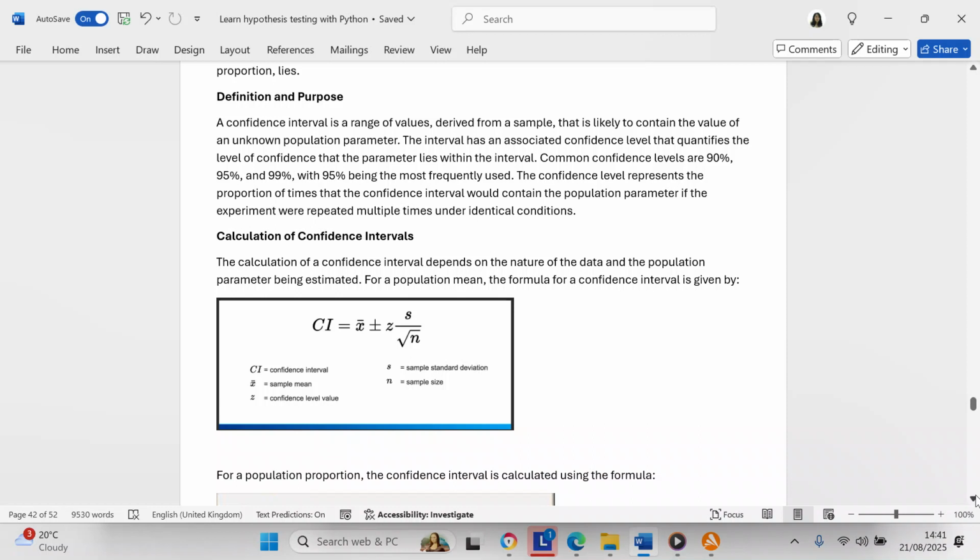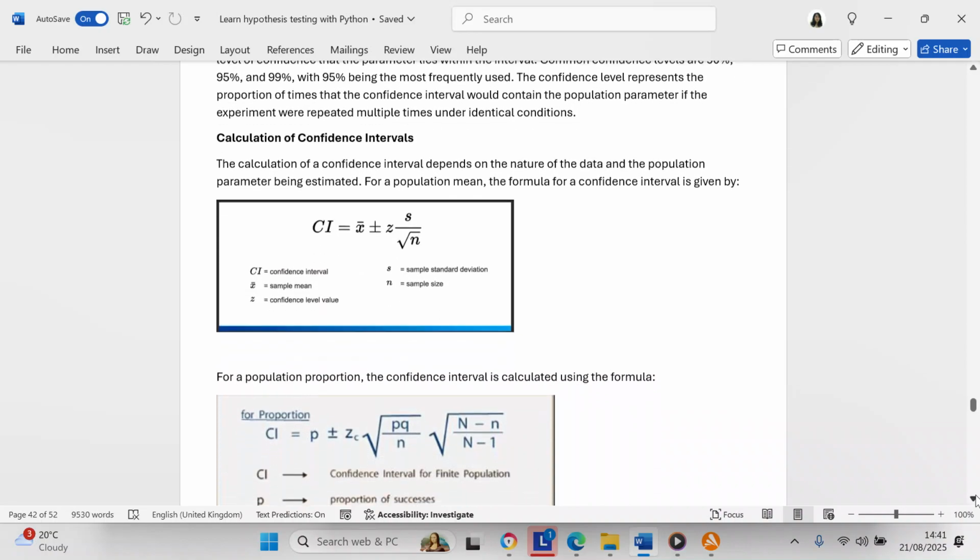Common confidence levels are 90%, 95%, and 99%, with 95% being the most frequently used. The confidence level represents the proportion of times that the confidence interval would contain the population parameter if the experiment were repeated multiple times under identical conditions.